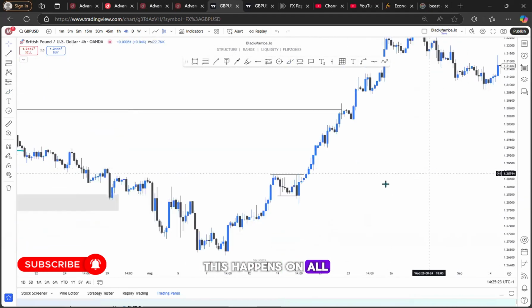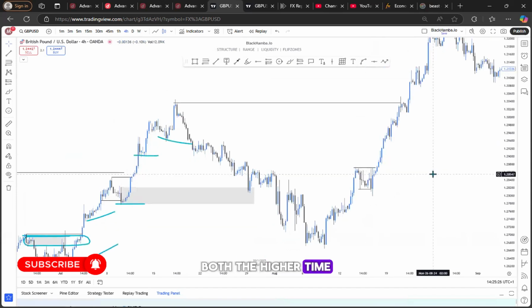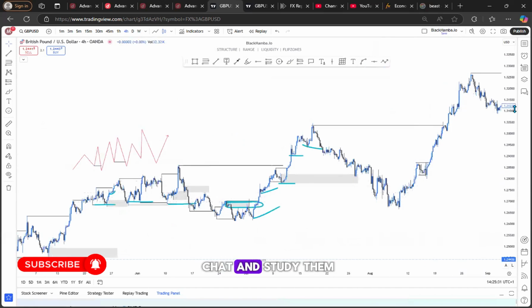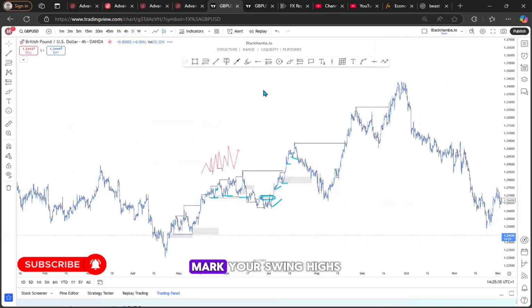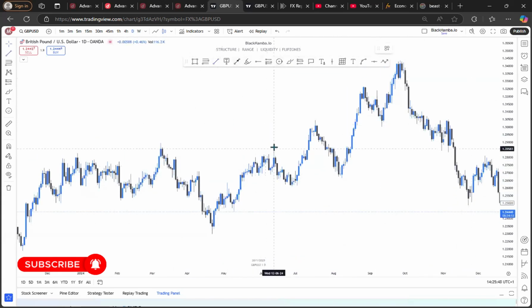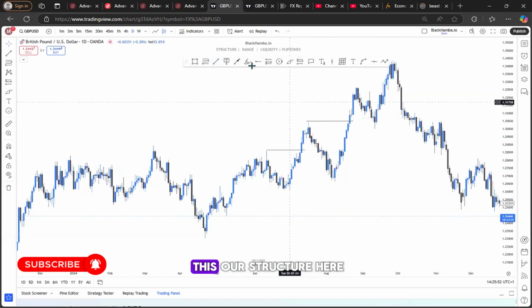This happens on all time frames, both the higher time frame and the lower time frame. It happens everywhere. Just go to your chart and study them. Mark your swing highs and lows on the higher time frame. These are structure here.